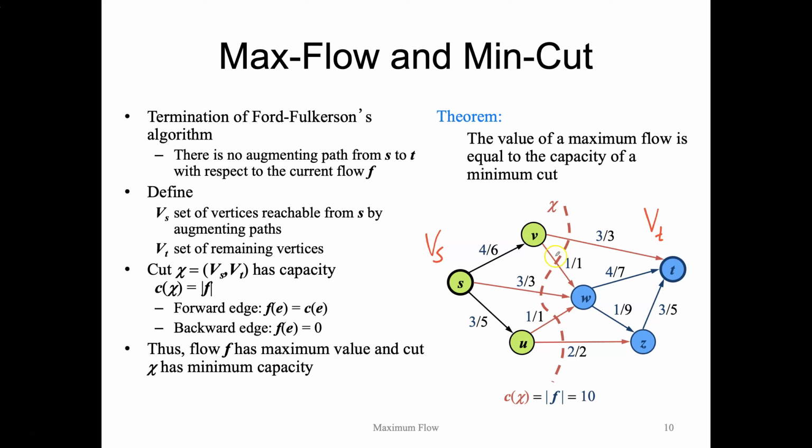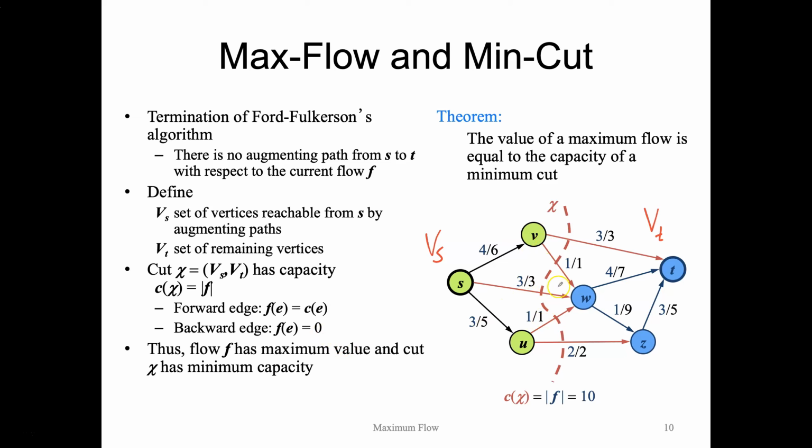So this gives us a cut, a partition of vertices. Now, the flow of this cut and of our network is the capacity of this cut, because we've maxed out all forward edges, we've sent flow along them, and any back edge has a flow of 0. So this is why we couldn't find an augmenting path.